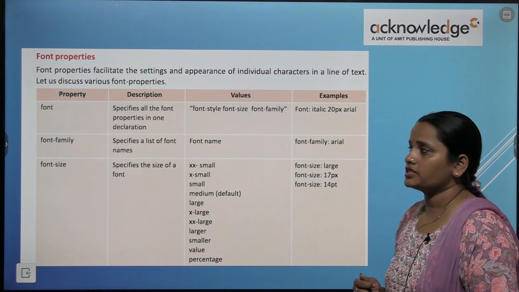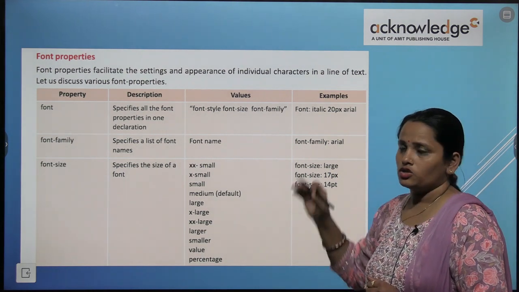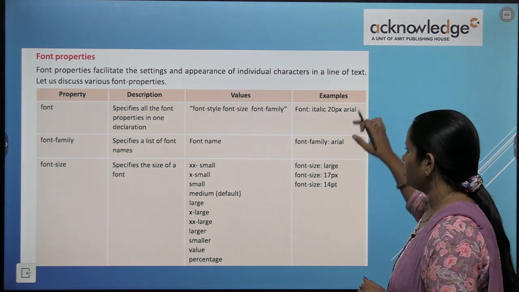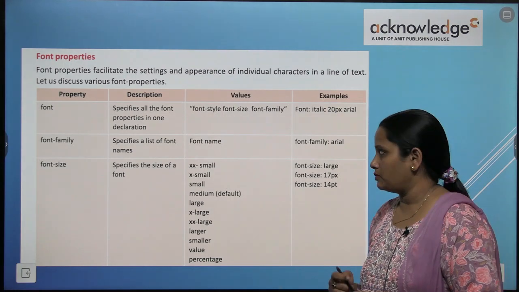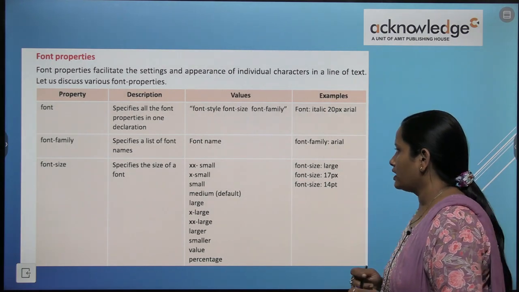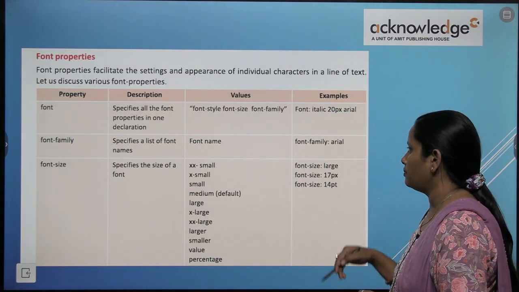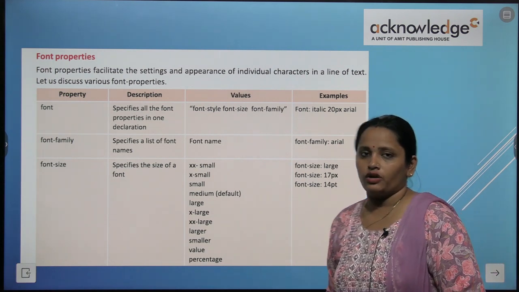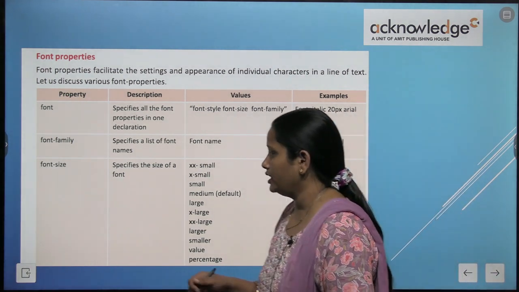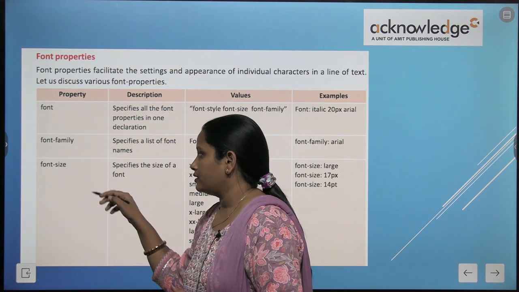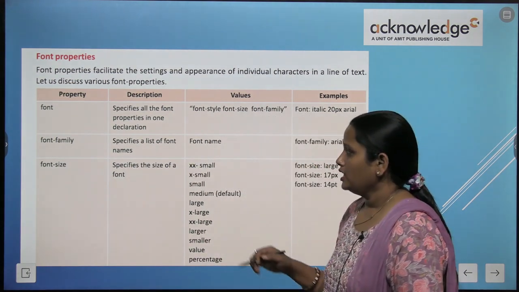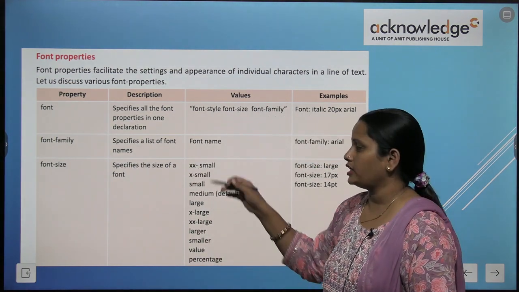Next is font family. It specifies a list of font names. So whatever font names are here, it displays all those names here. Now font names will come here, and the example is font family, and we are using Arial here. Arial is a font style. Next is font size. It specifies the size of the font.